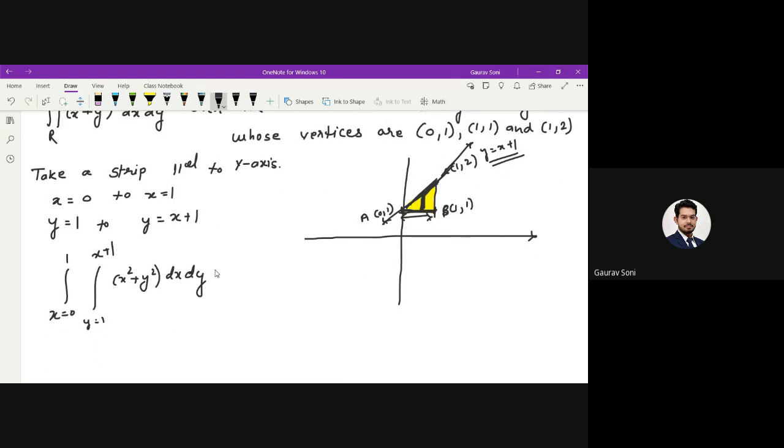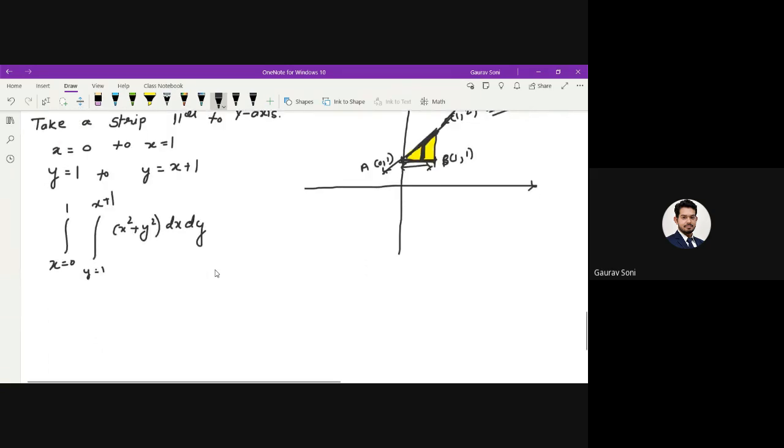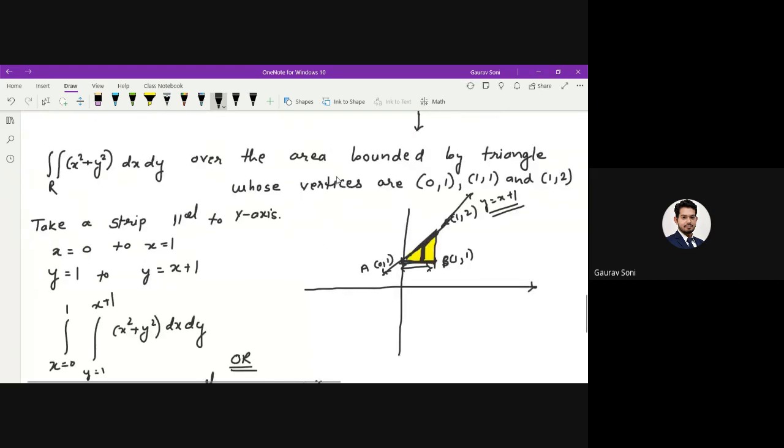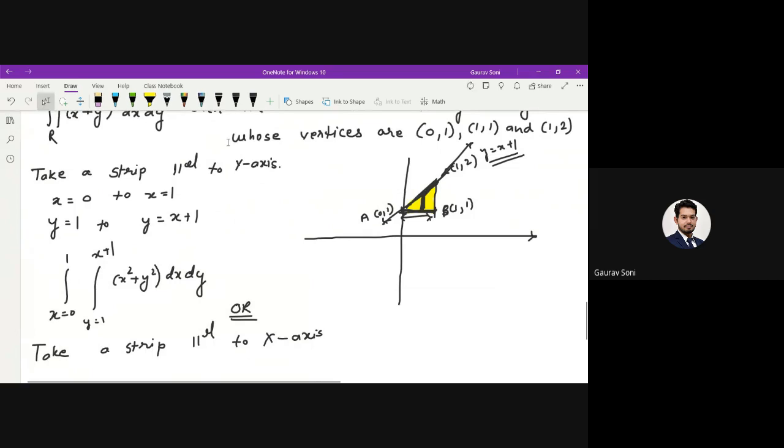Can I take a horizontal strip? Take a strip parallel to the x-axis. Okay, so let me just copy the diagram here.